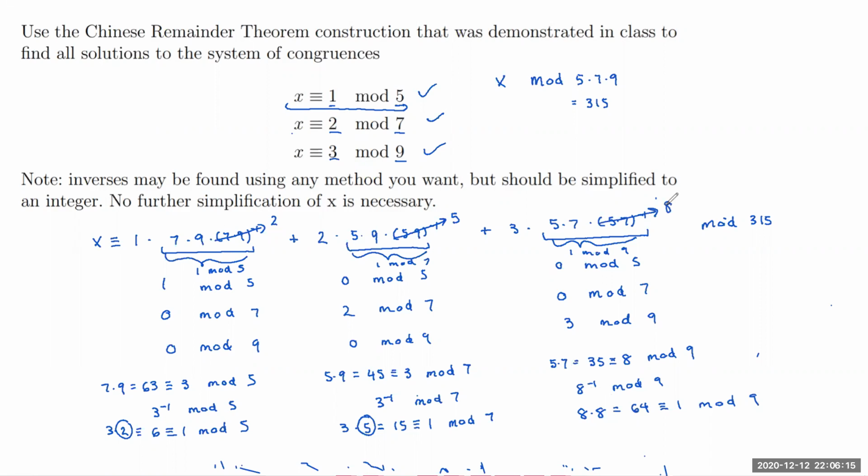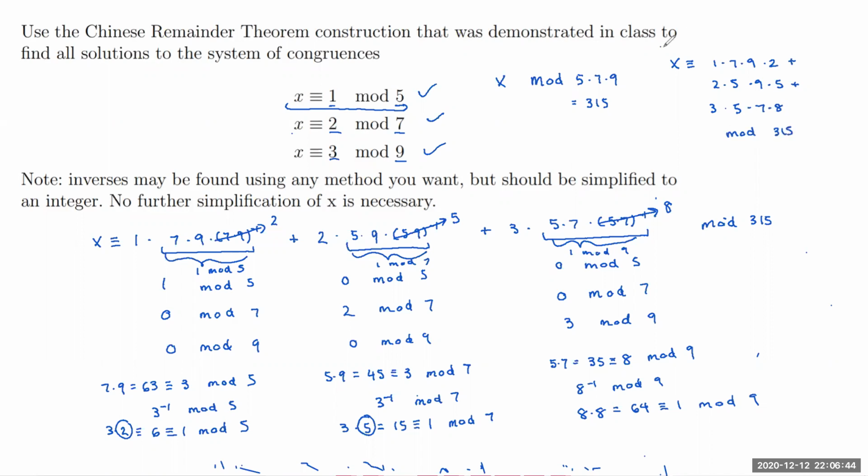And so our final solution would be x is equivalent to 1 times 7 times 9 times 2, plus 2 times 5 times 9 times 5, plus 3 times 5 times 7 times 8, mod 315.